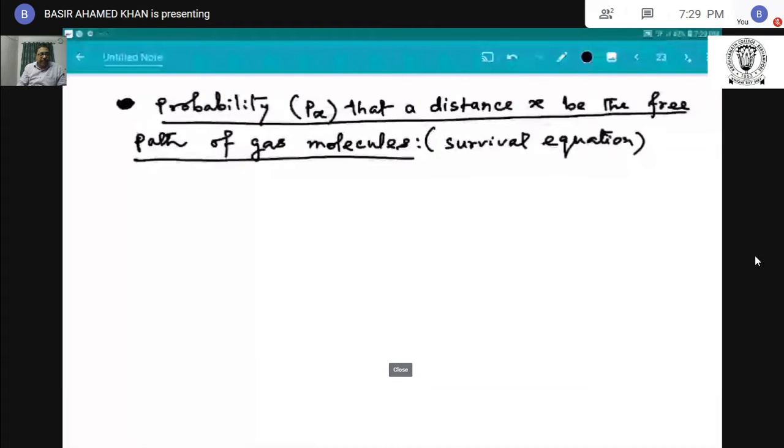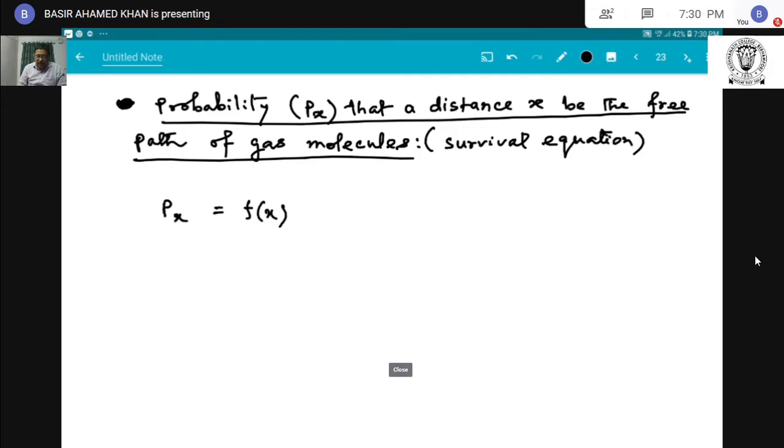Suppose the probability that a molecule does not suffer collision in a distance x is P(x) or f(x). What is f(x)? The probability that a molecule does not suffer a collision in a distance x. This is the probability which is a function of x.